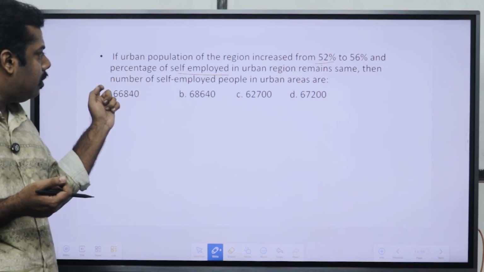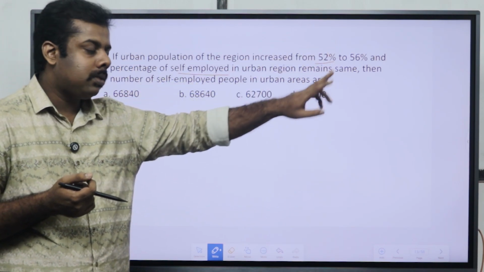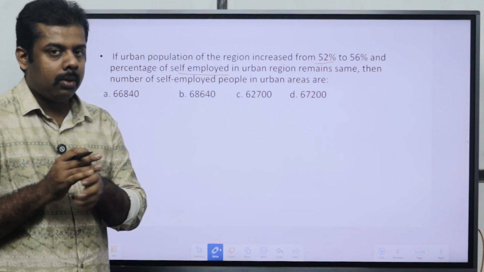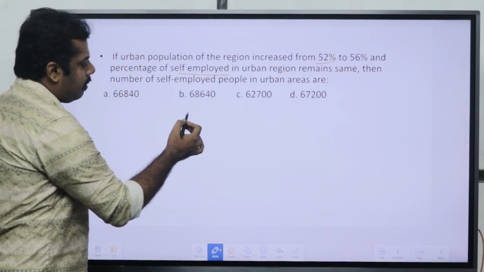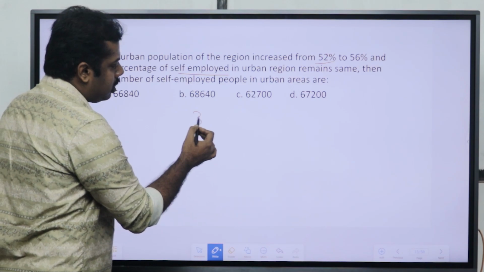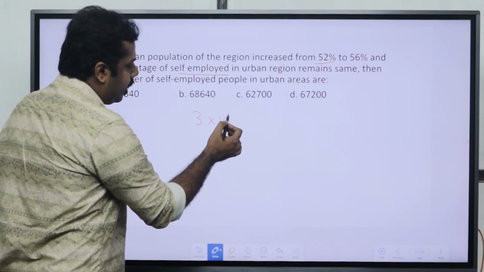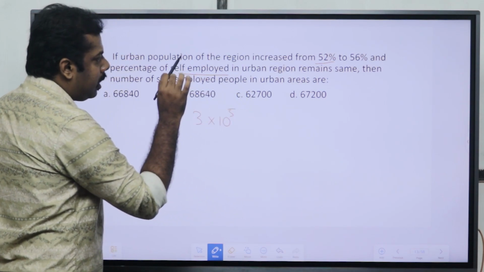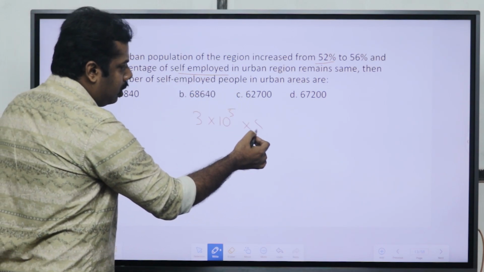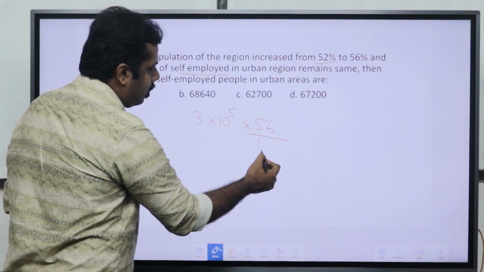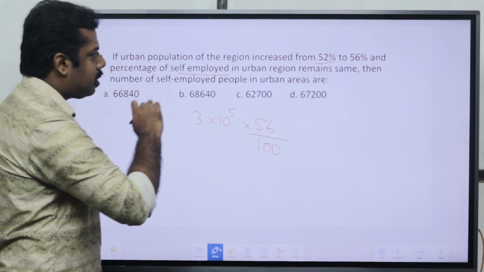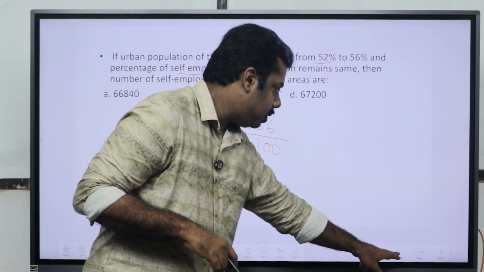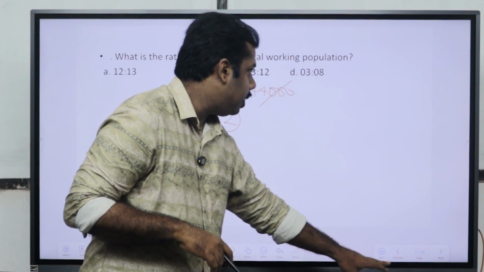So we have to find, when it comes to 56 percentage, the number of self-employed people in the urban area. As we know, the total population was 3 lakhs, 3 into 10 raised to 5. Now it has become 56%, so 56 percentage of this value. Cross checking the self-employed in urban areas, let me go through the data once again.